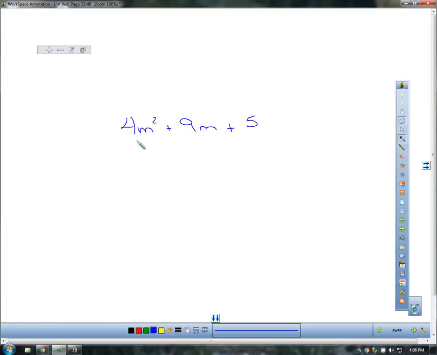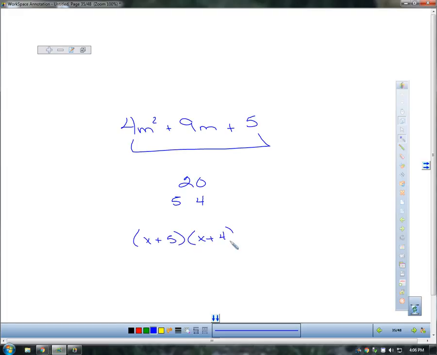Alright, this problem doesn't have a negative, so I can get started right away. 4 times 5 is 20. What are two numbers that multiply to be 20 but add to 9? Well, actually this one already gave you the answer. 5 and 4. So x plus 5 in factor form, x plus 4 in factor form. And we're going to divide both numbers by the front number.